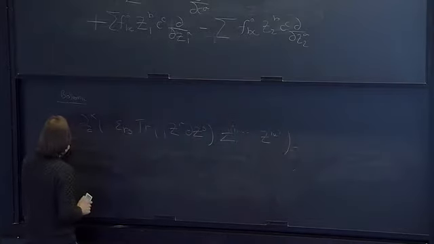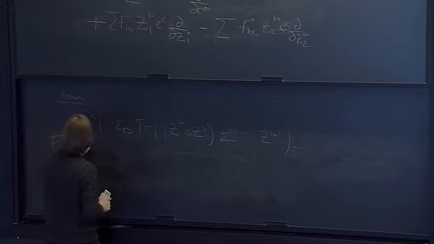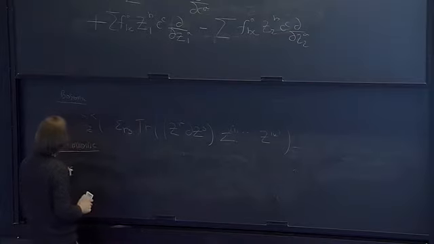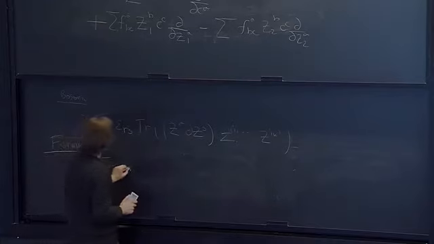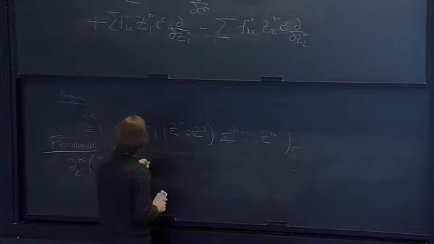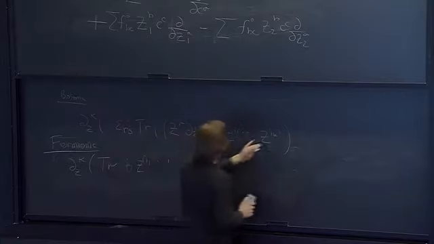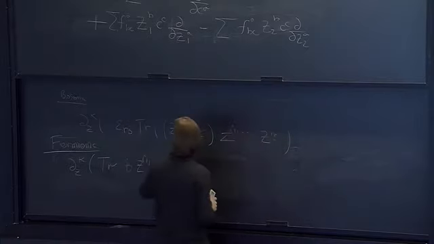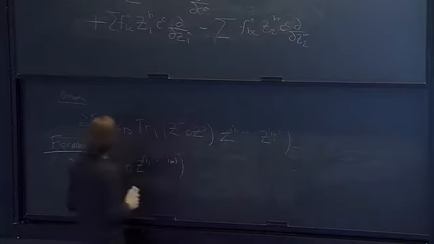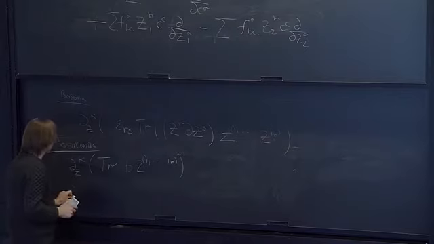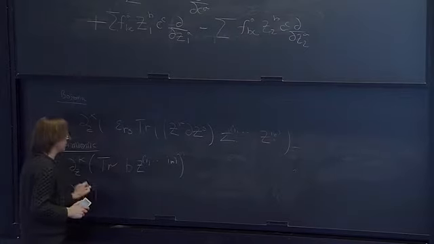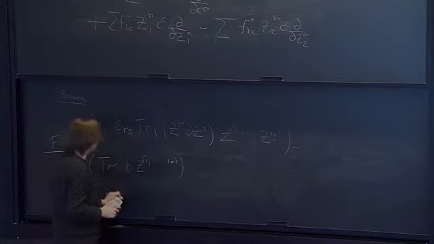Fermionic: again, derivatives of trace of B against a symmetrized expression. And the final one is derivatives of trace of del C against a symmetrized expression.